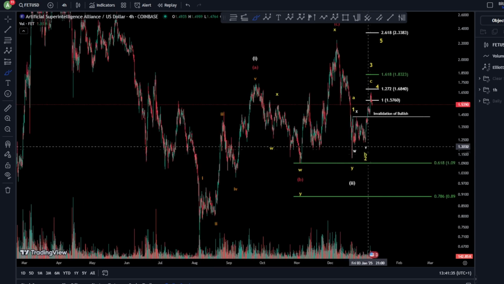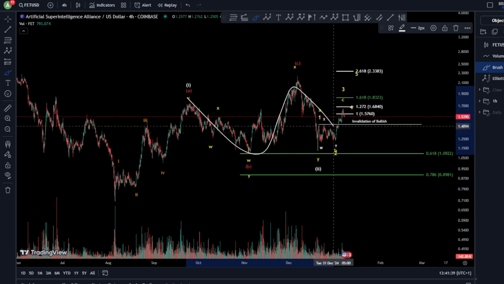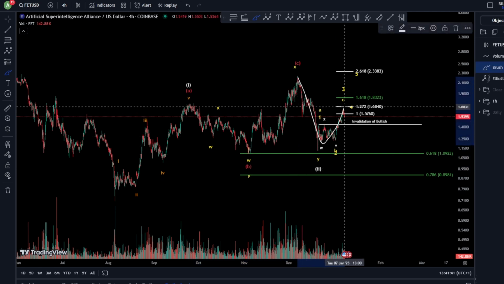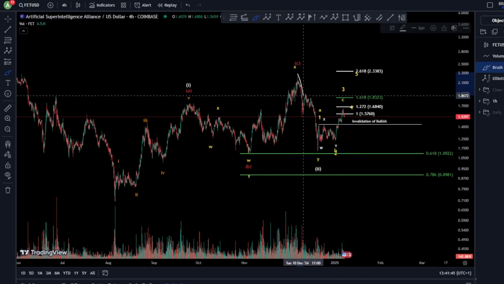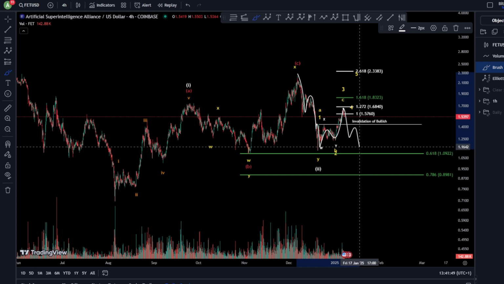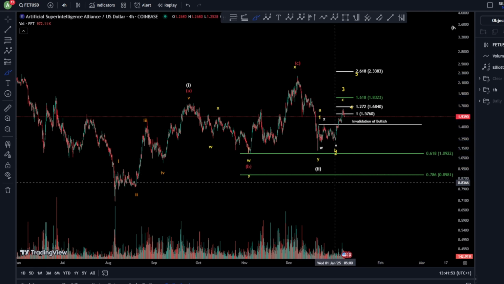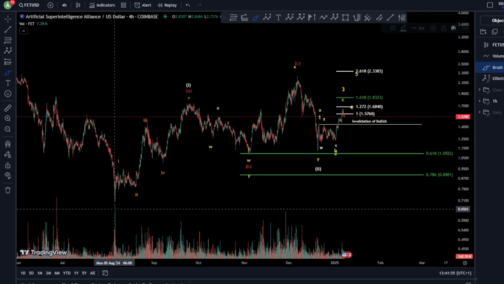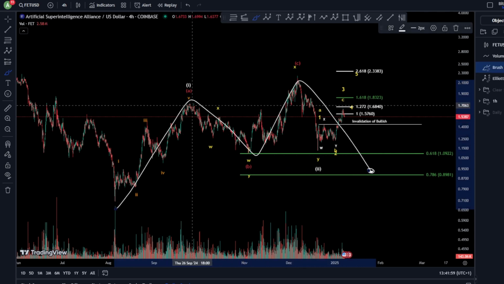Now, possibly this can still be kind of like a WXY here. Your wave Y can be a zigzag, right? Where we have kind of like an impulse here as 1, 2, 3, 4, and a 5, possibly correction, and then 1, 2, 3, 4, 5 to hit again around here the 0.786 for a wave 2, meaning A, B, and a C here for a wave 2 after a wave 1.